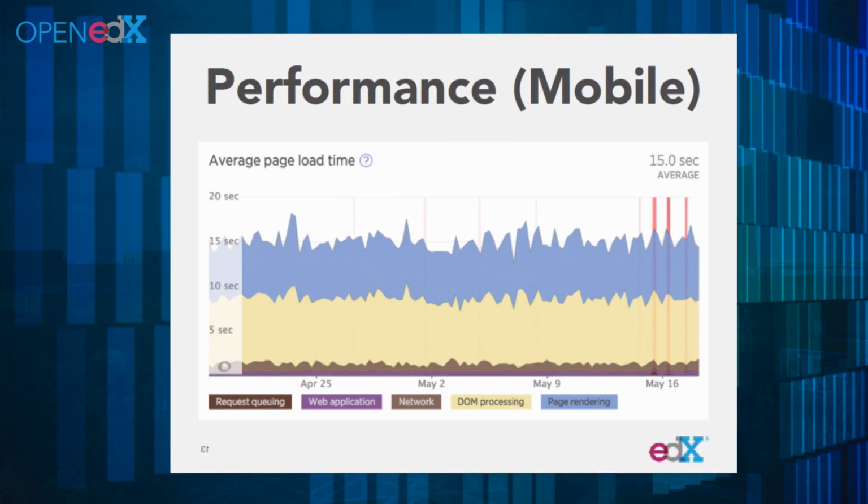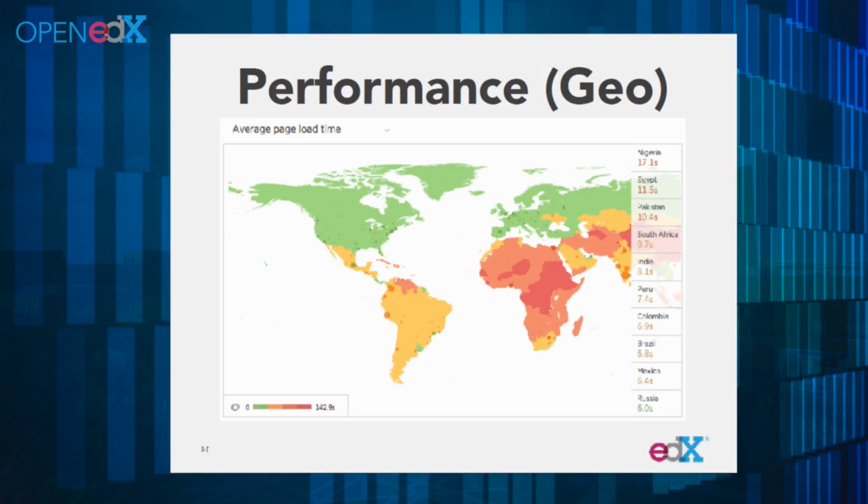Queuing and web application, those still are pretty low, but the rendering is really the pain point there. Also, slow network connections. So in the US and most of Europe, we're all in the green here.